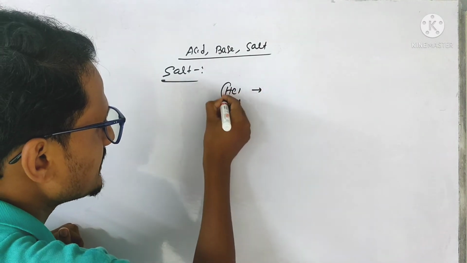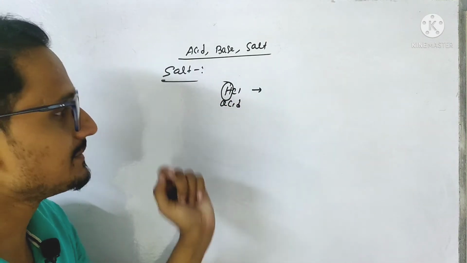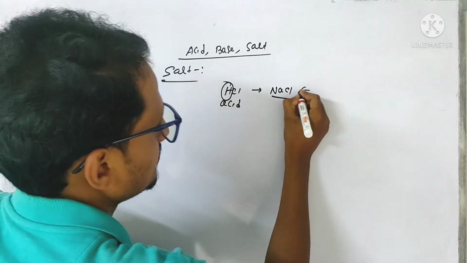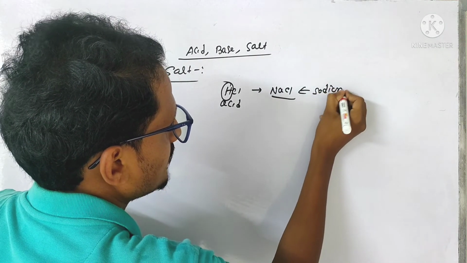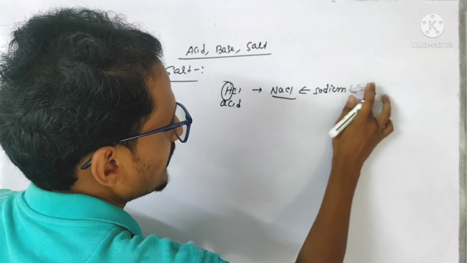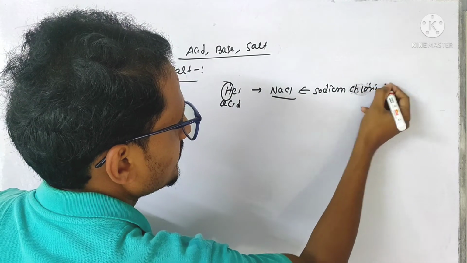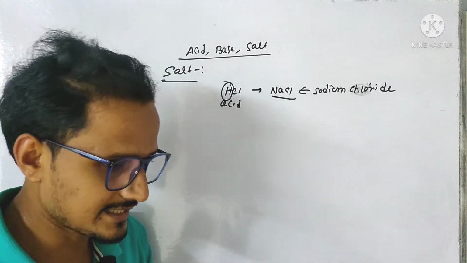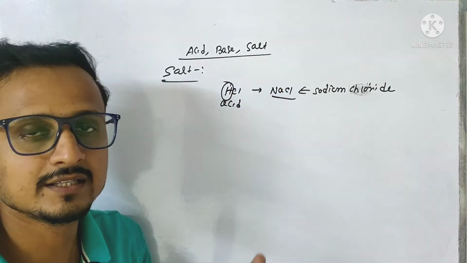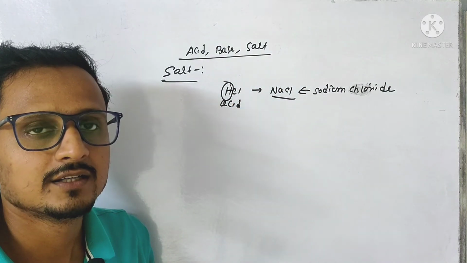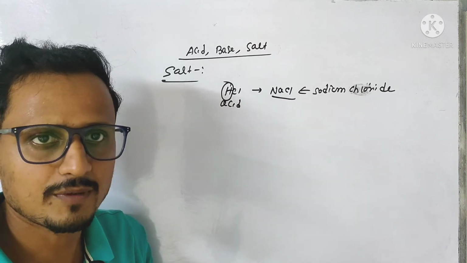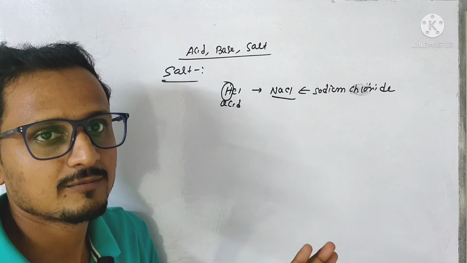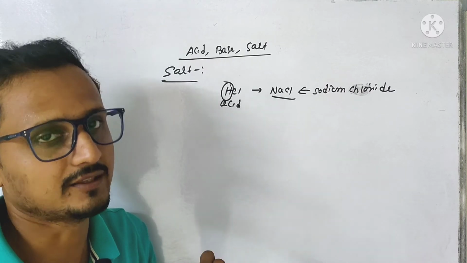If this replaceable hydrogen is replaced by sodium, then the compound formed is called a salt, that is sodium chloride. Salt can also form by the replacement of the replaceable OH minus ion, that is hydroxyl ion, by a metal.